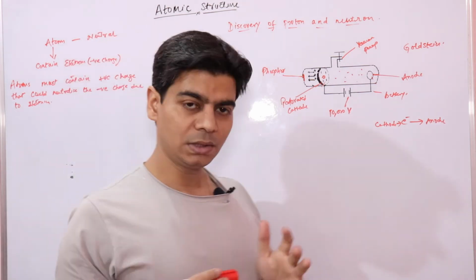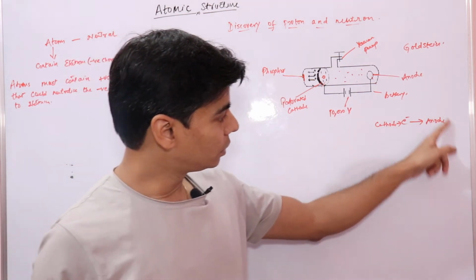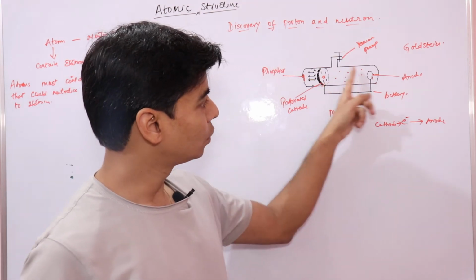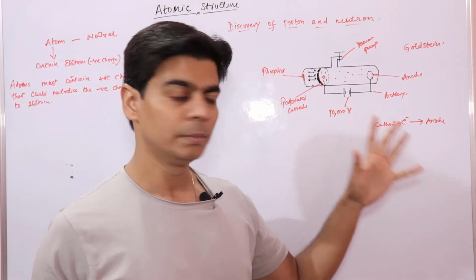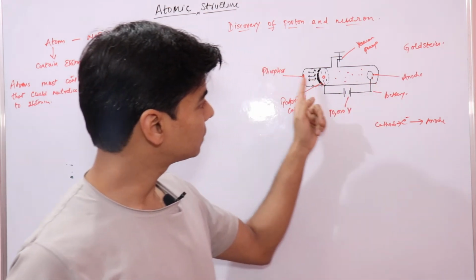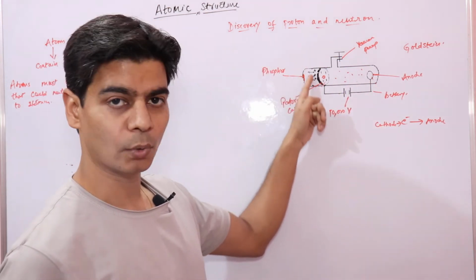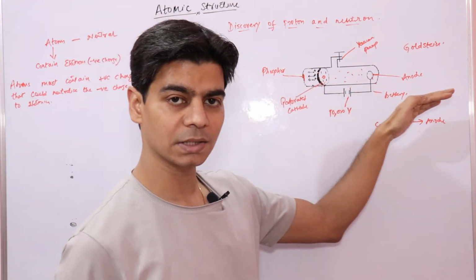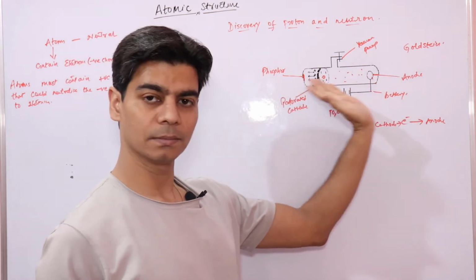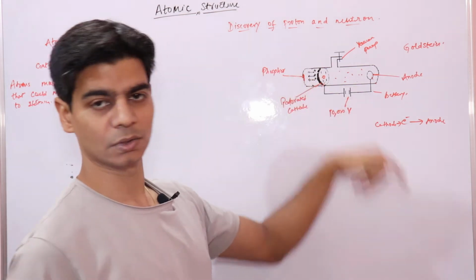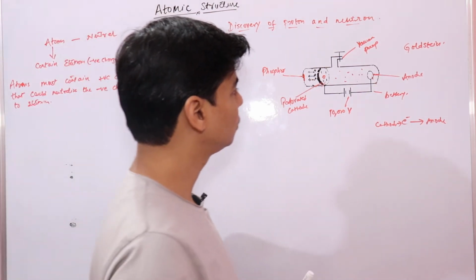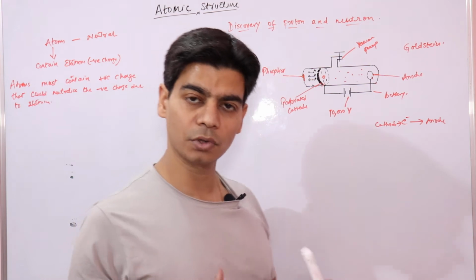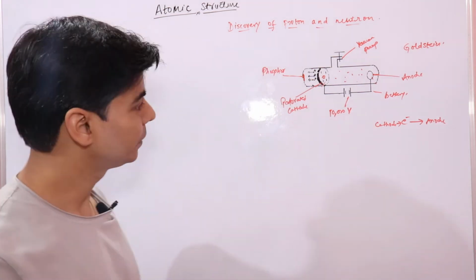So one thing is sure, that these cathode rays traveling from cathode to anode will not cause this phosphor to glow, because they are traveling in this direction, so they will not strike the phosphor which is behind the cathode. So what rays could it be that cause this phosphor to glow?